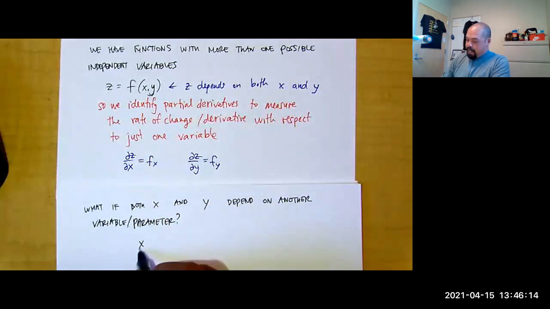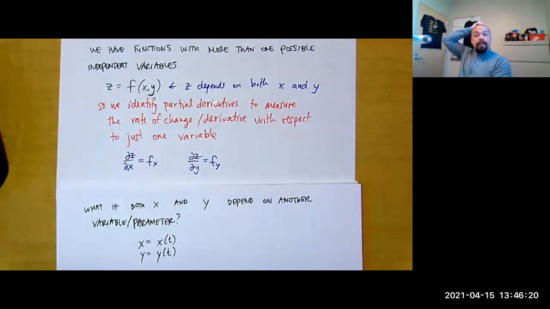So for instance, what if that x is actually a function of t? Think about when we parameterize our curves in space, right? For any moment t, we can find our x and y location and later z location, right? What if that's the case?